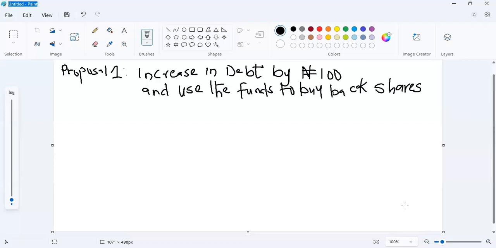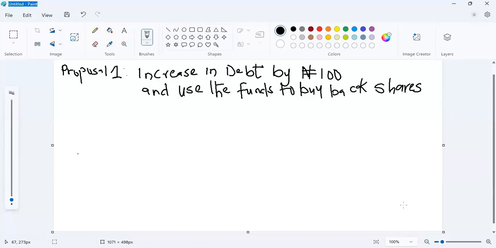If your profit reduces, what happens to your tax? Also reduces. That's great. Now, if you pay your interest by cash, what happens to your cash? It reduces. Thank you. That means we are going to look at all the items this increase in debt has affected.